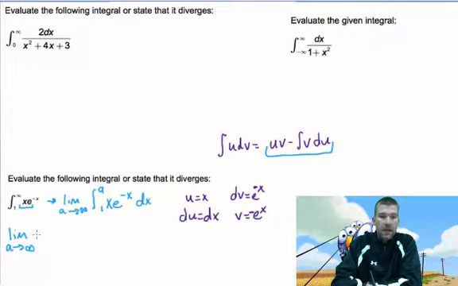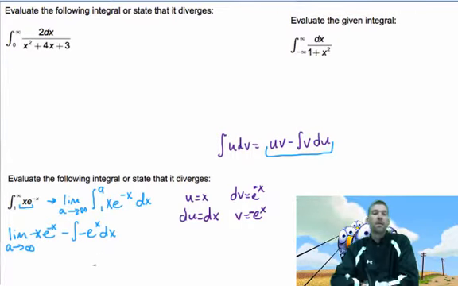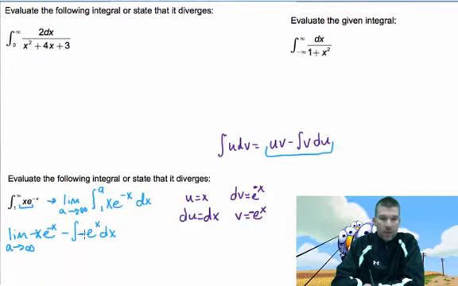So that's going to be negative x e to the negative x, minus the integral of v du. That's this part, negative e to the negative x dx. Okay, and we can clean this up a little bit because that's going to be a positive.